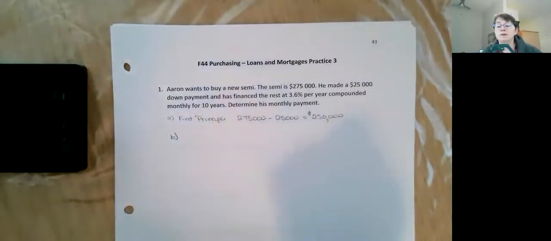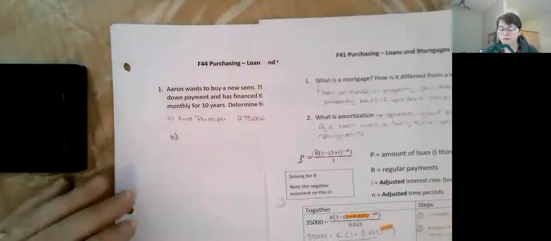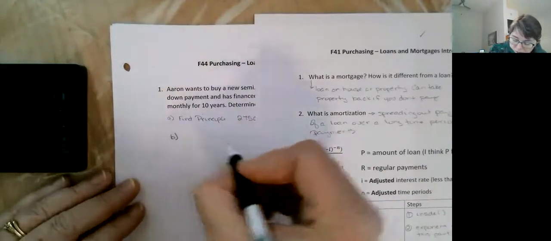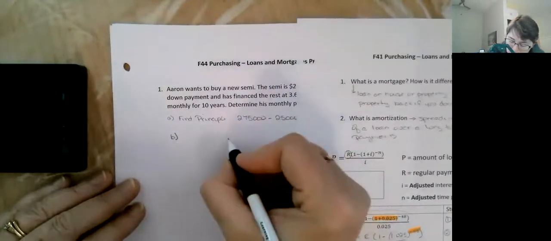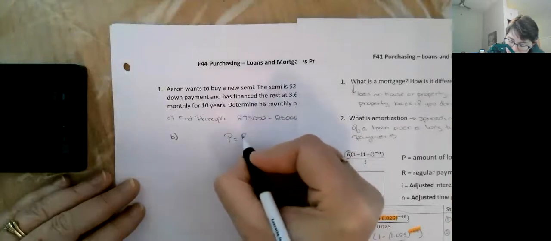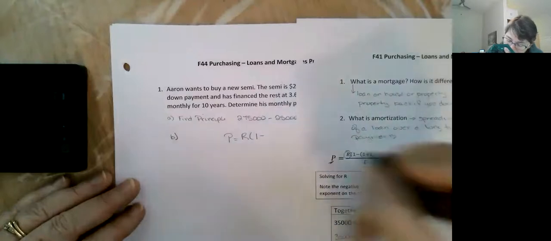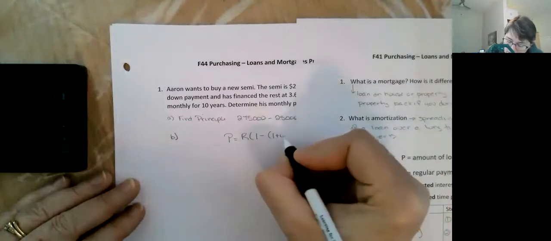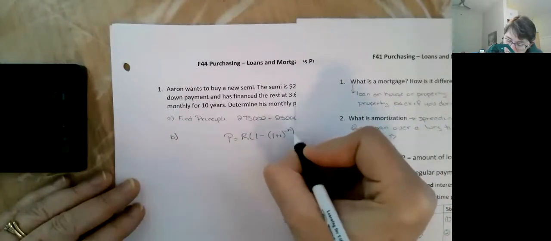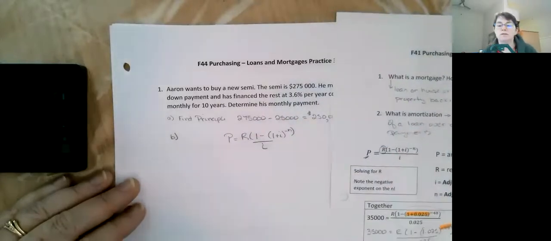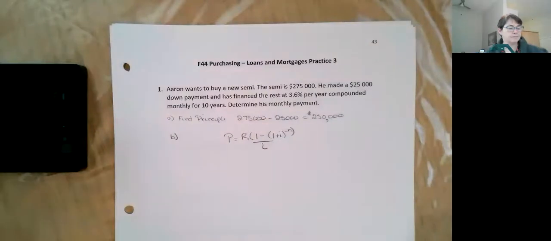And I'm going to be honest with you, it's been a couple of days since I've done one of these math videos. So I'm just going to pull this page back and write out my formula. So P is equal to the regular payment, 1 minus 1 plus I to the minus N, over I. There we go.